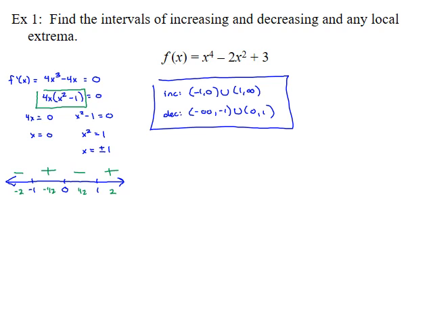Then if you want to do local extrema, what it's asking you is, where are the local maximums and also where are the local mins? So remember the definition, starting with local max. Anytime you change from increasing to decreasing, so for the first time through this, I'll put a little note above it.